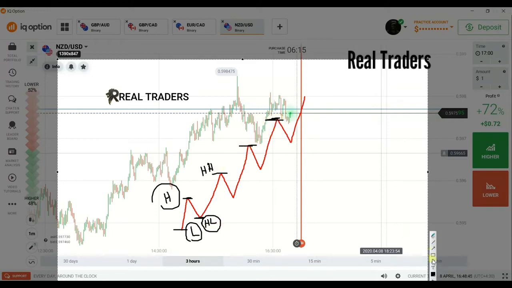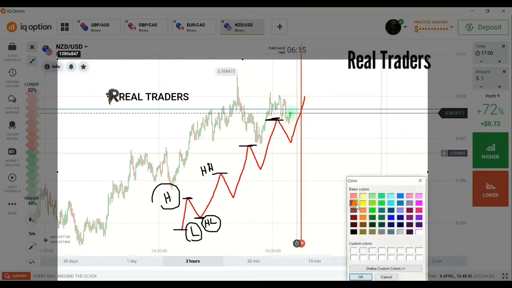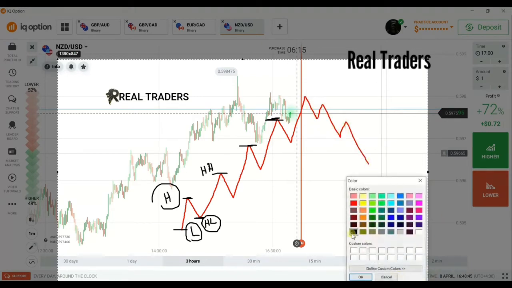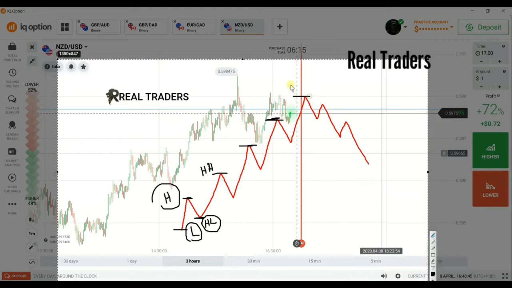When the market doesn't make a higher high, it means the market is changing its direction. You can see if the market moves like this, this is the last higher high, and now the market didn't make a higher high.